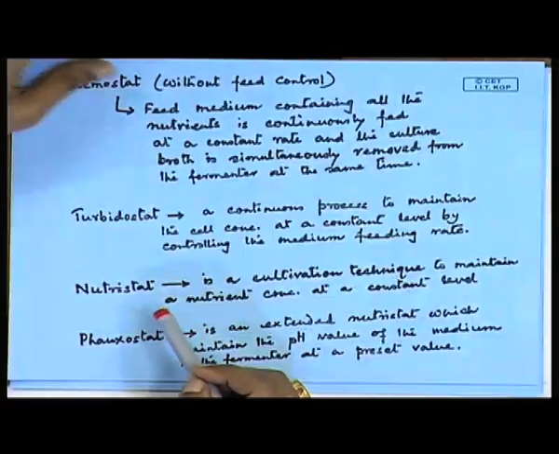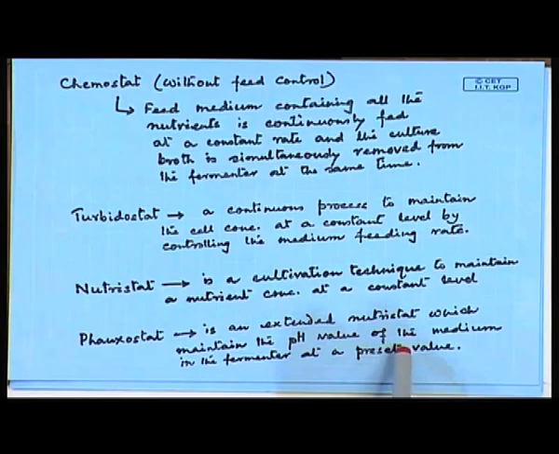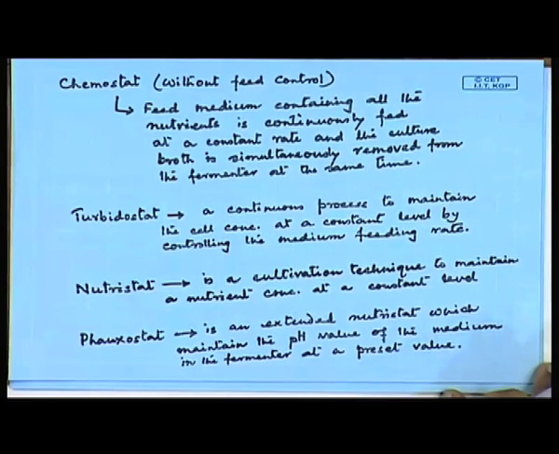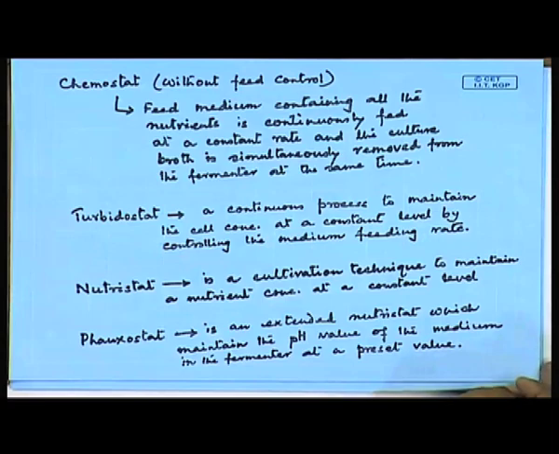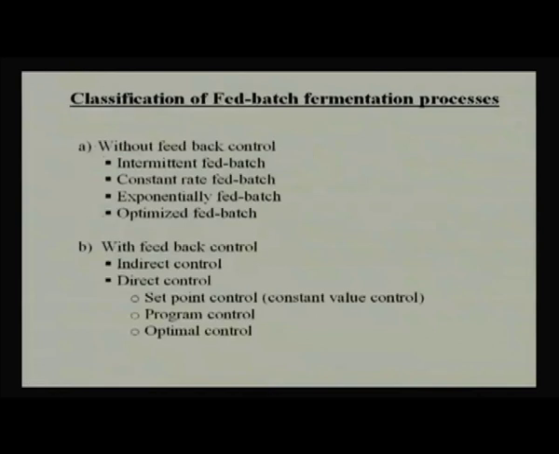In case of foxostat, it is the extended nutrient which maintains the pH value of the medium in the fermenter at a preset value. There should not be any change in this particular pH when the cells start proliferating, and these are some of the continuous fermentation processes.